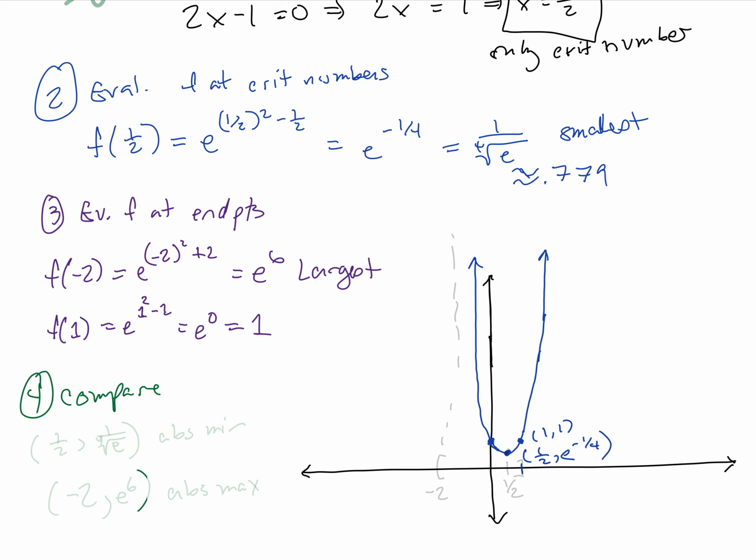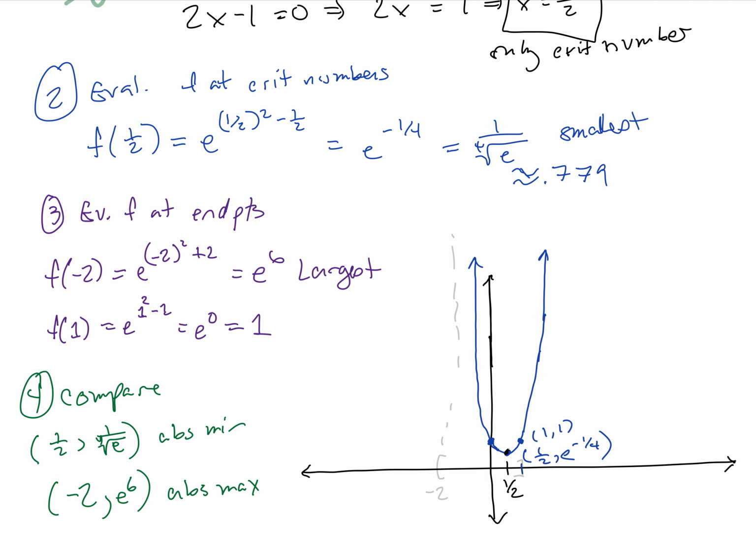And therefore, that means that 1/2 comma 1 over the fourth root of e is the absolute minimum over this interval, and -2 comma e to the 6th is the absolute max over this interval. And if we did graph that function, we would find that we've got the point 1/2 comma e to the -1/4 power.